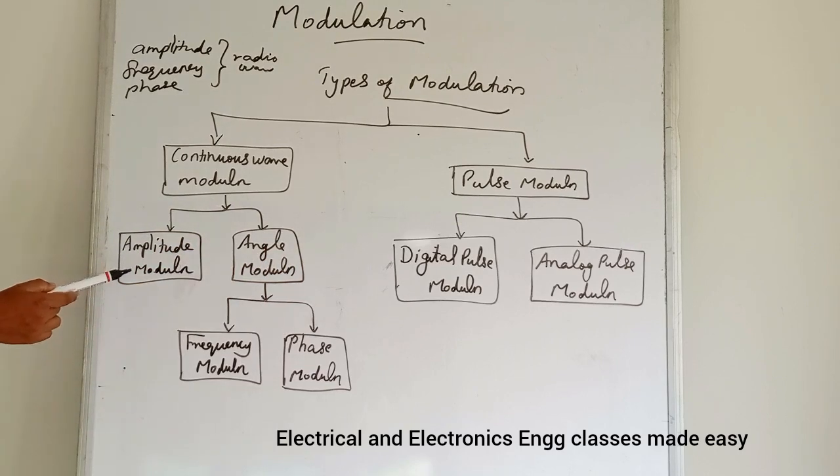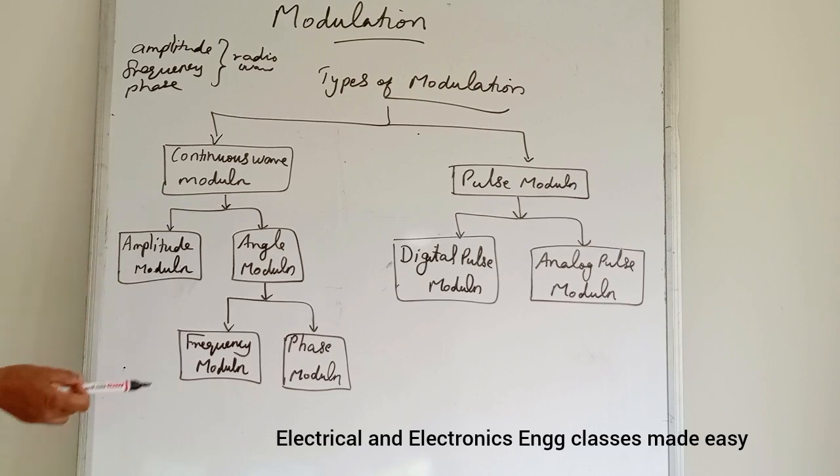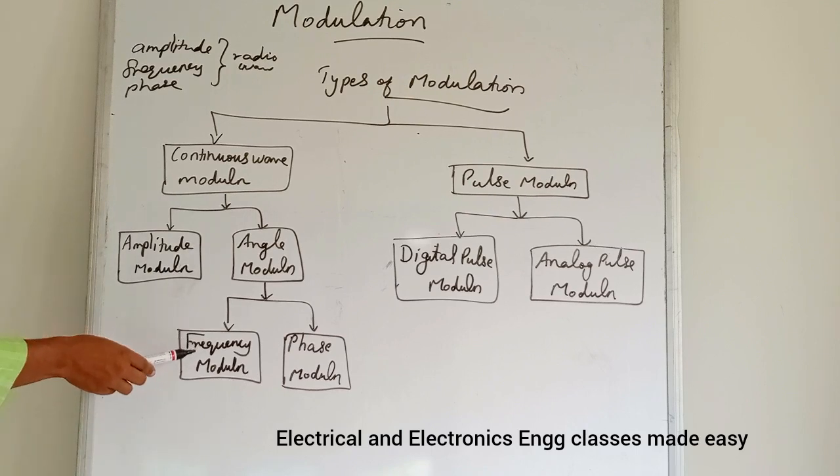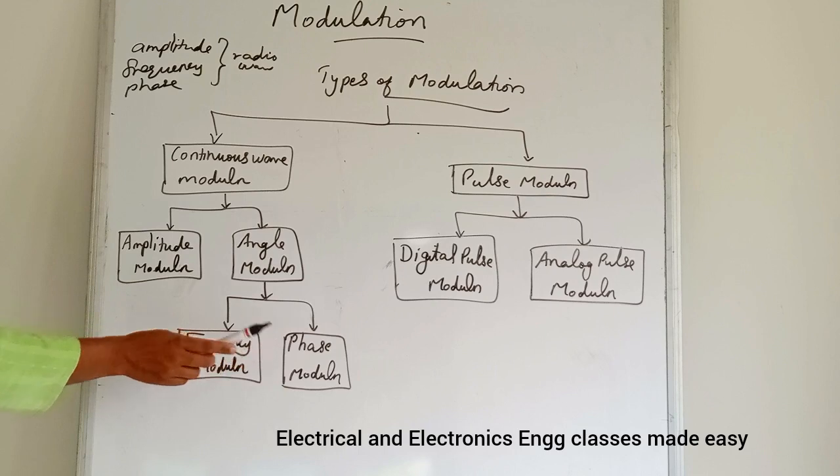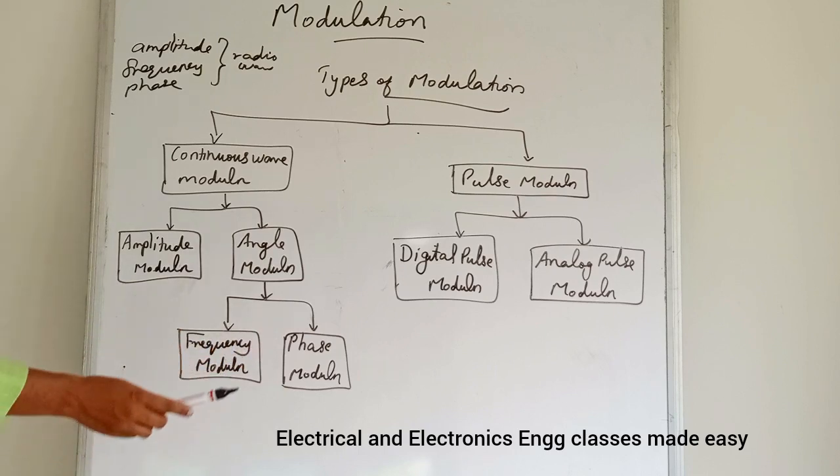In amplitude modulation, the amplitude of the wave is varied, keeping the frequency and phase constant. Whereas in frequency modulation, frequency is varied, then here the amplitude and phase are kept constant.